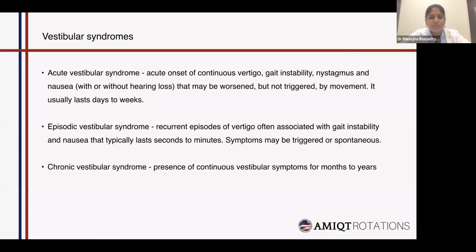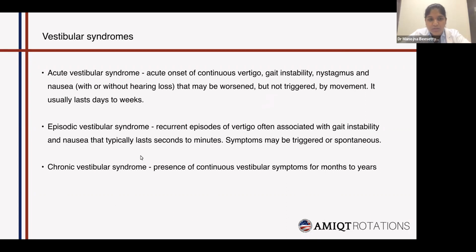Patients presenting with vertigo are usually grouped into vestibular syndromes. The acute vestibular syndrome has an acute onset of continuous vertigo, gait instability, nystagmus, and nausea, with or without hearing loss, and could be worsened, but not triggered, by movement. It usually lasts for days to weeks.